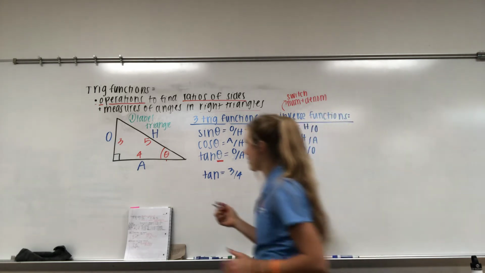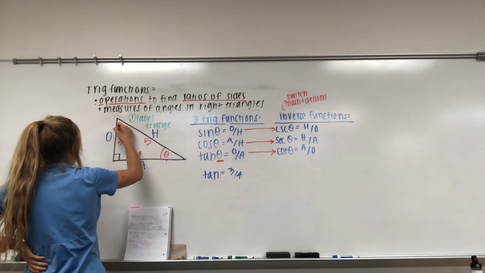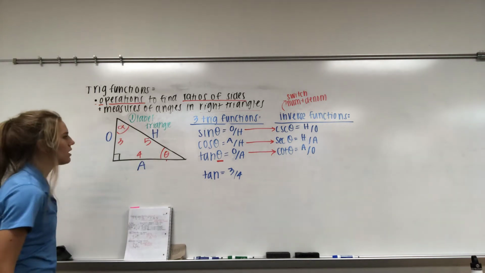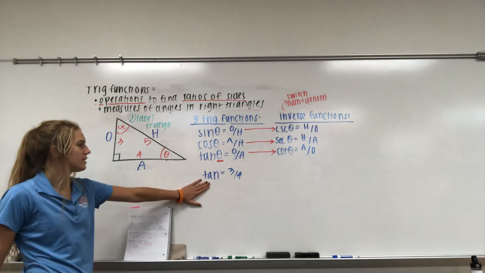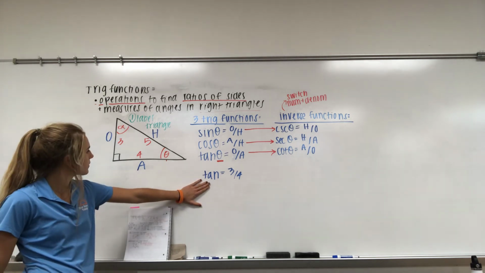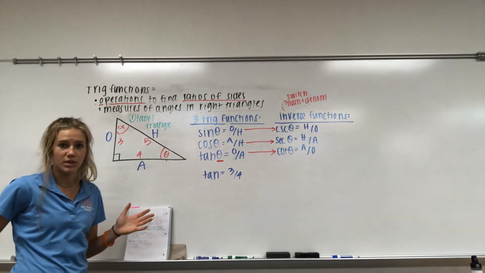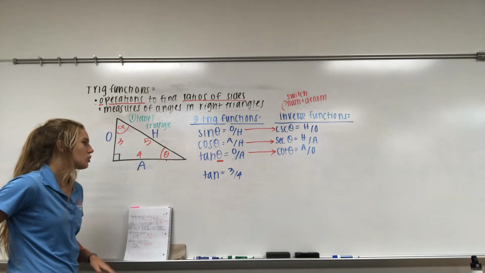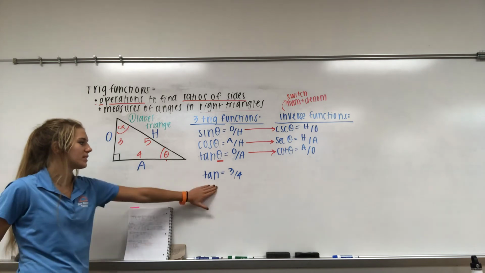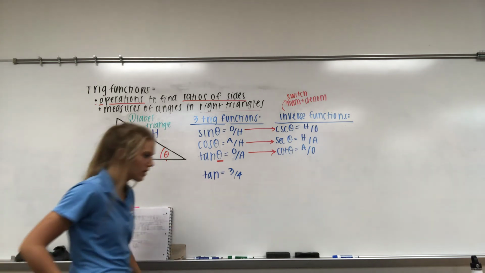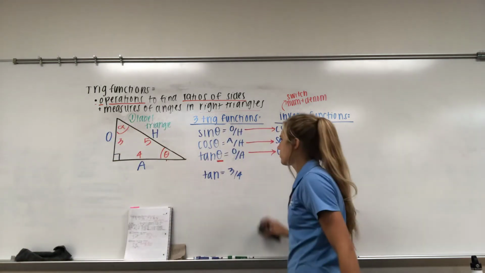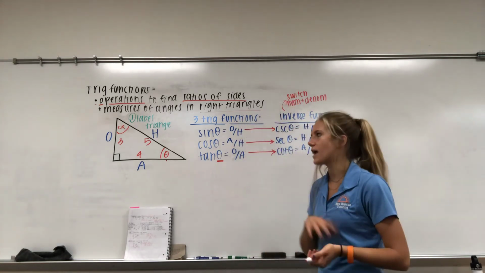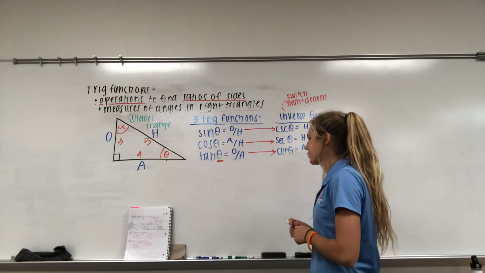Because we could say that this angle up here is alpha or something. That's just another variable. Then if we wrote tan is equal to 3 over 4, we don't know what angle it's in reference to in this triangle, right? We don't know if it's theta or alpha. So just make sure that you specify what angle it's in reference to. And that'll take on a new layer of meaning as we get into some more difficult questions.